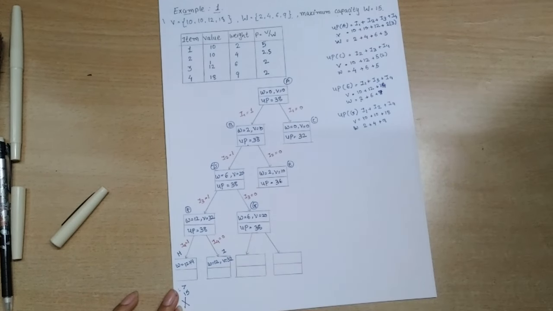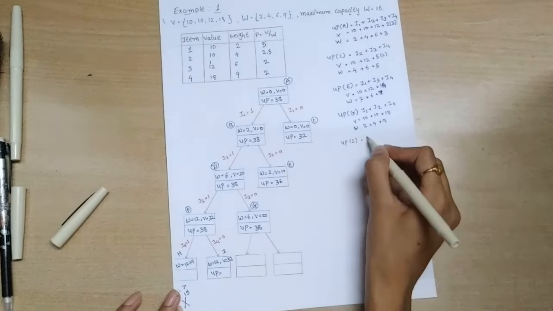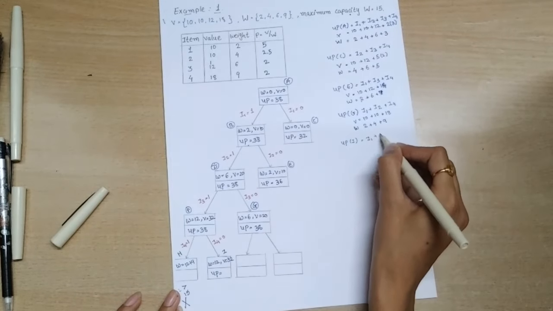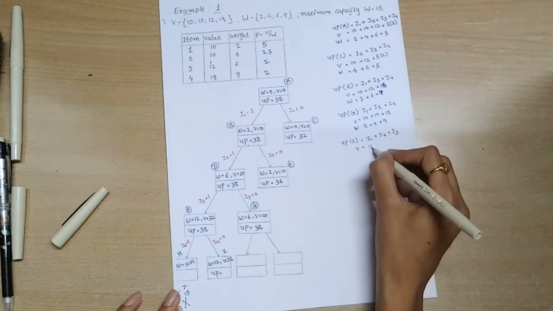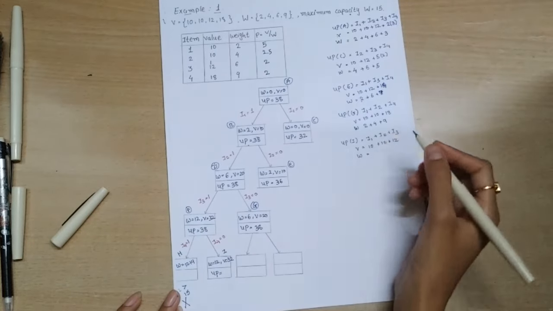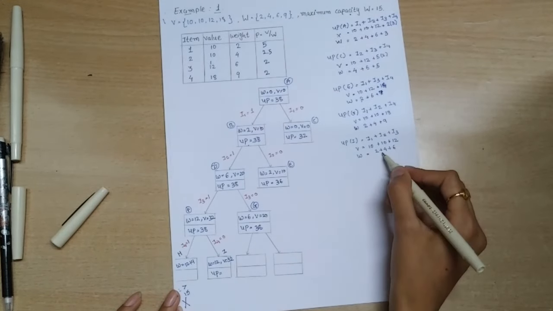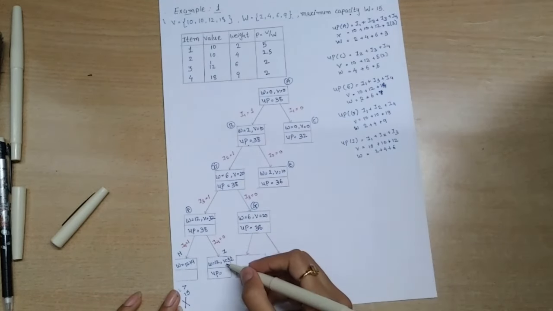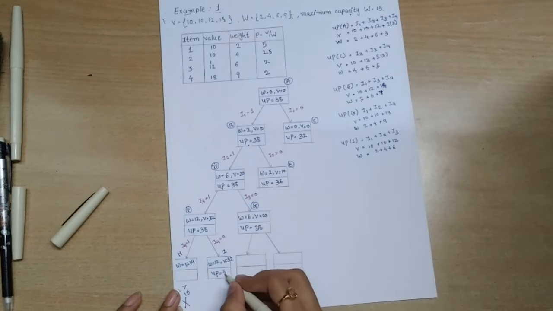And the upper bound for node I, having item 1 plus item 2 plus item 3, which have values 10 plus 10 plus 12 and weights 2 plus 4 plus 6. Here we have weight 12 and value 32 and an upper bound of 32.